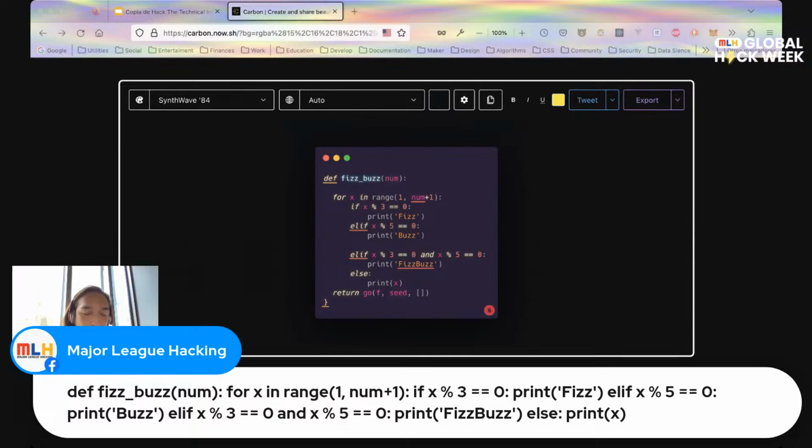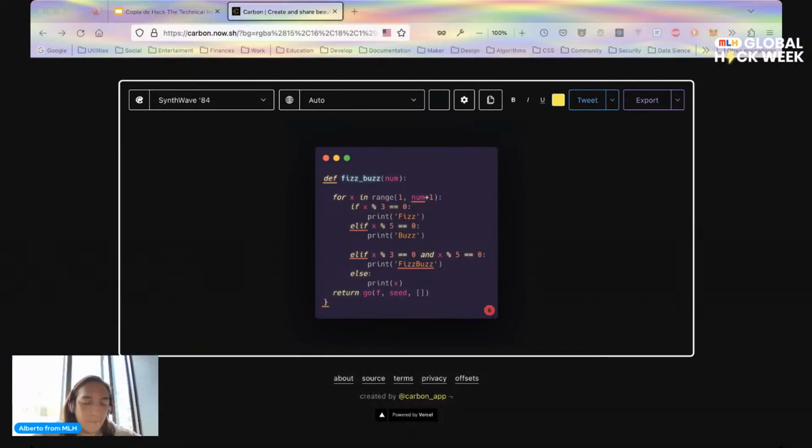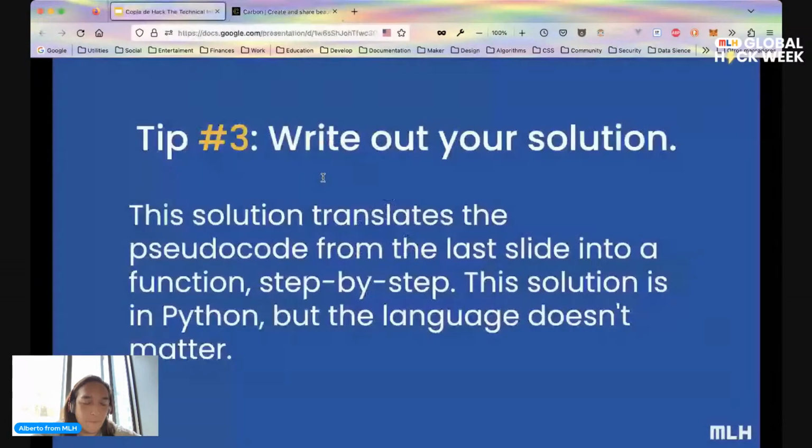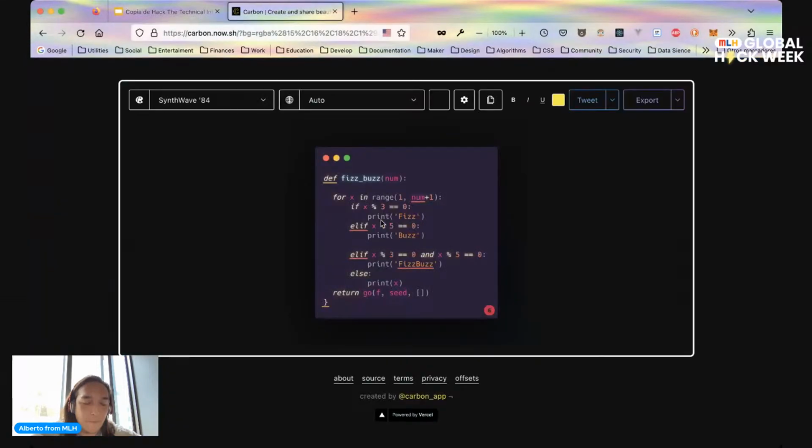If one of those cases is true, I'll print: for example, if it's divisible by 3, I print Fizz. If it's divisible by 5, I print Buzz. Else, if it's divisible by both 3 and 5, I'll print FizzBuzz. So if you see, it's really just the thing we were talking about in the pseudocode here, right?